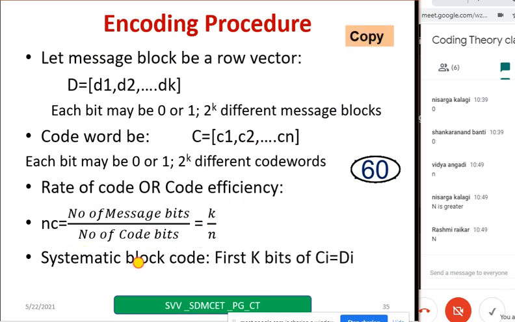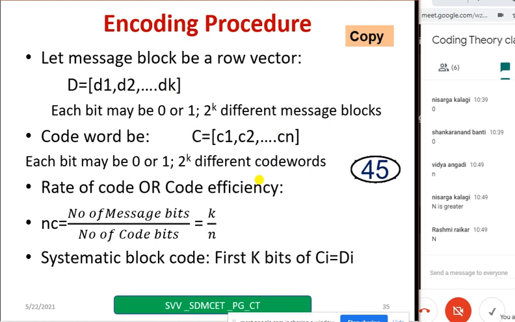In a systematic block code, the first k bits will be data bits. These two words are the one extra thing you can copy down. The remaining you can read once. Even though it is repetitive, no problem, because when you read twice, thrice, you will understand, and these words will remain in your mind.